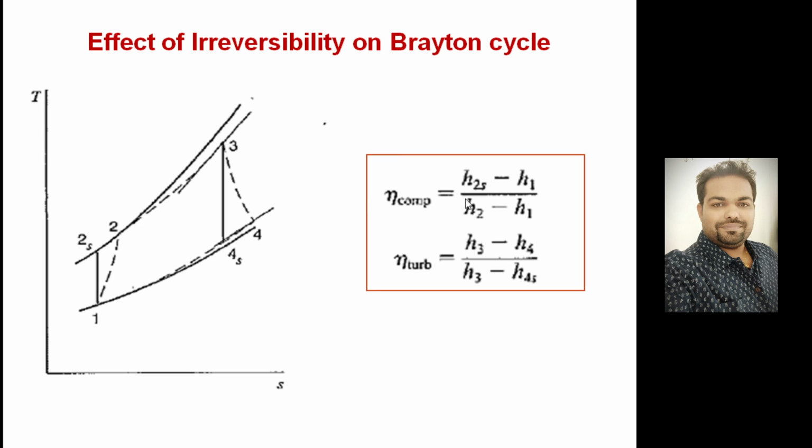Similarly in compression, if it is an ideal process, it will require minimum work. When irreversibility is associated, it will require more work. So h2 minus h1 is more compared to h2s minus h1. Alright, so ideal compression divided by actual compression is known as the efficiency of compression. Actual expansion divided by the ideal expansion is known as the efficiency of the turbine.